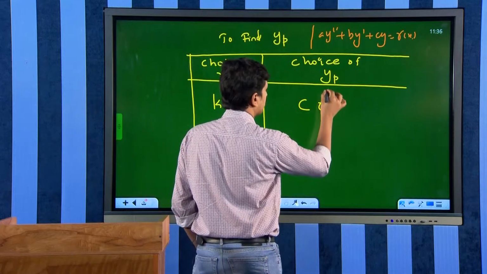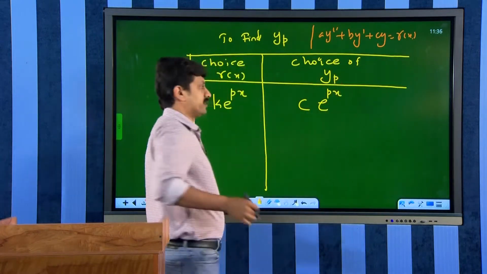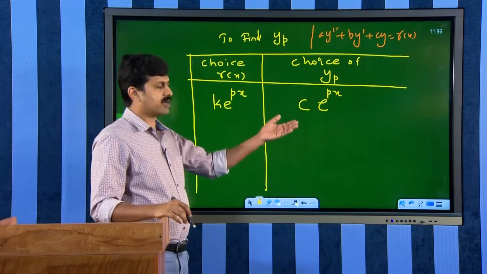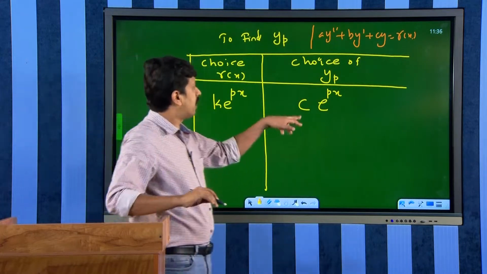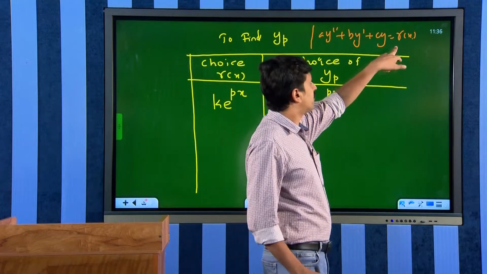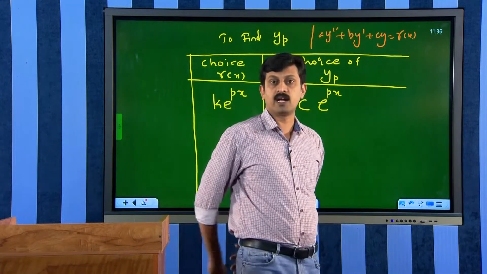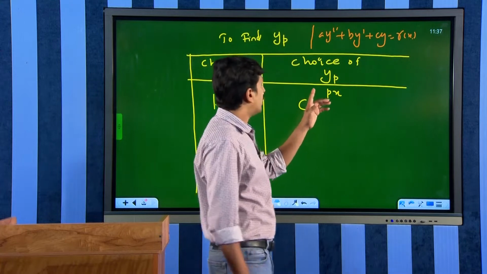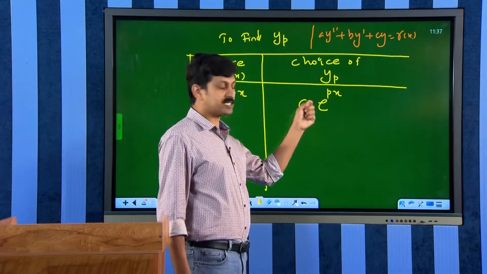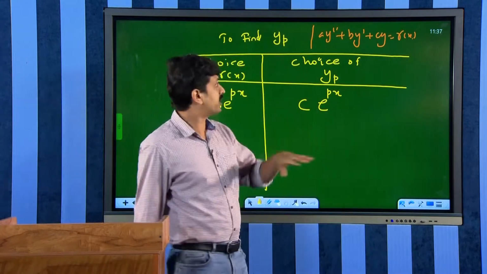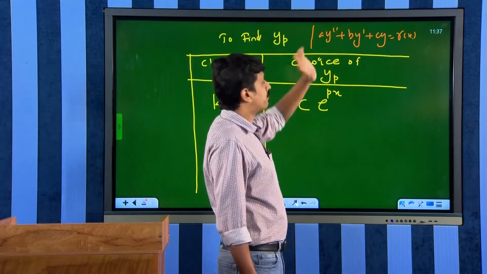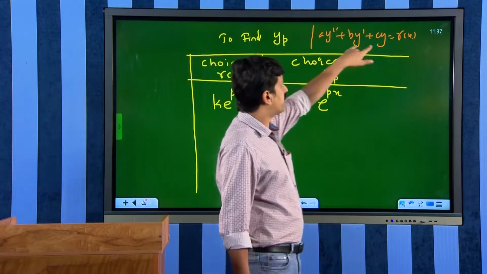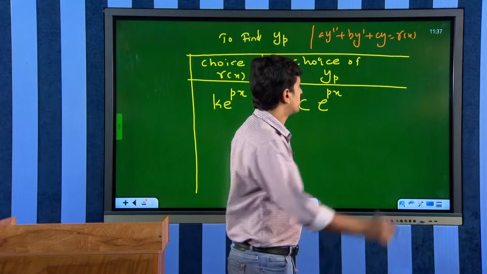C e raised to px. Okay. So, instead, we can find yp, yp dash, and yp double dash also. If yp is equal to c e raised to px, we can find yp dash and yp double dash, and apply them in equation 3.